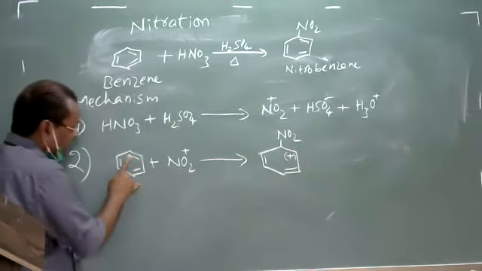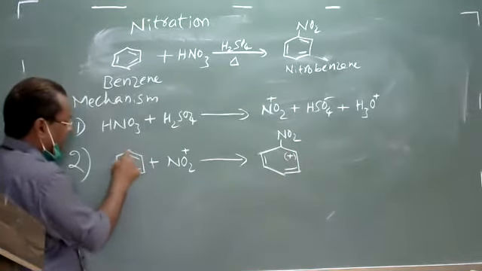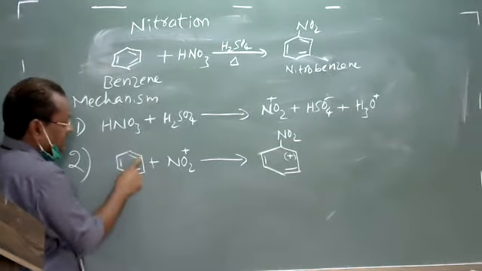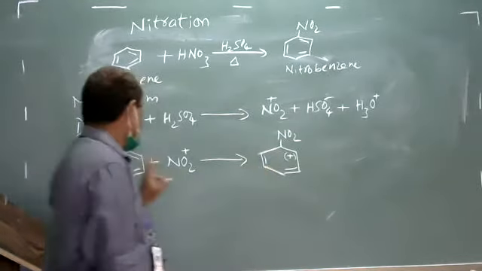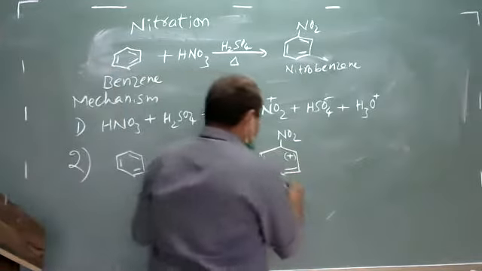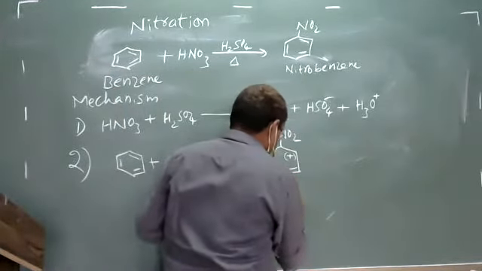So if it utilizes these pi electrons and forms a bond here, the next adjacent carbon will get a positive charge. What I have drawn here leads to a carbocation.